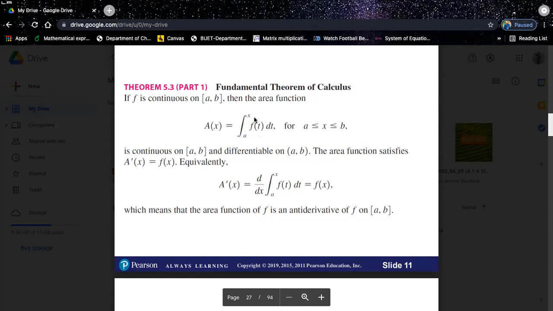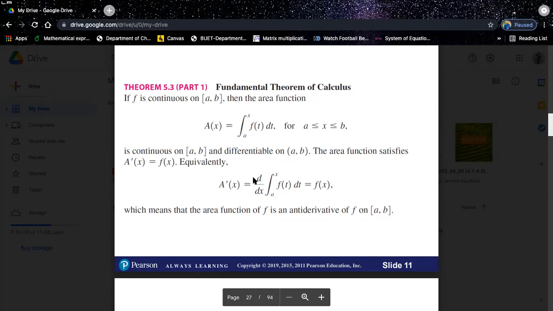But we'll be using this in future, so you should know how it actually works algebraically. We know the main idea, but the algebraic format of this is, let's say you have this area function. When I'm saying that you are finding the derivative of it, that means you're finding A prime of x, or in other words, you are finding d/dx of this function. Do you agree?